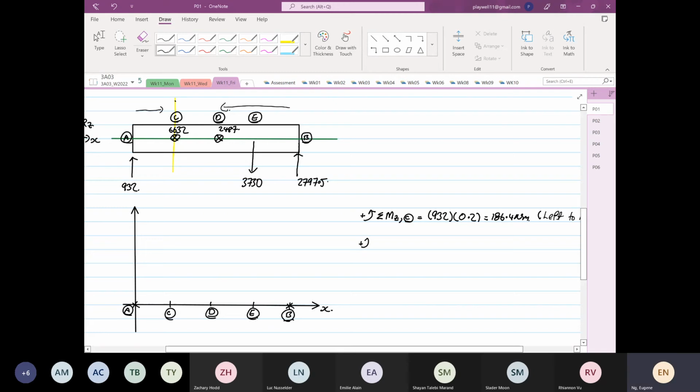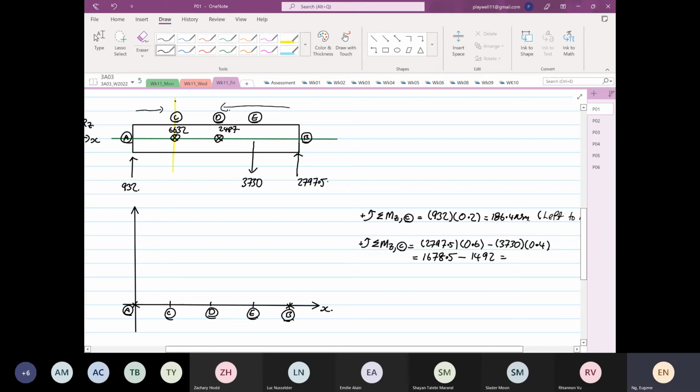Again, I take summation of moment Z at point C. This is equal to 2797.5 multiplied by 0.6, minus 3730 multiplied by 0.4. So 2797.5 times 0.6 is 1678.5, minus 3730 times 0.4, which is 1492.